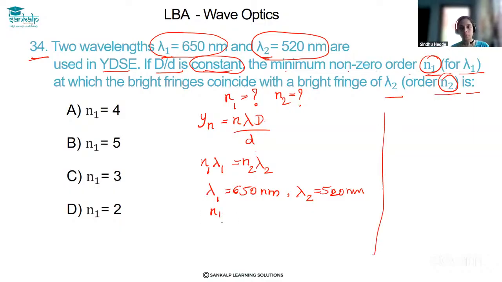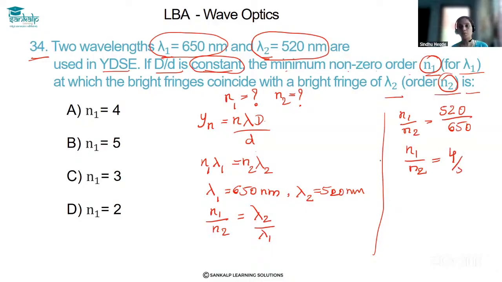The expression becomes n1 by n2 is equal to lambda 2 by lambda 1. So n1 by n2 is equal to 520 divided by 650, we get n1 by n2 is equal to 4 by 5, which means n1 is 4 and n2 is 5.